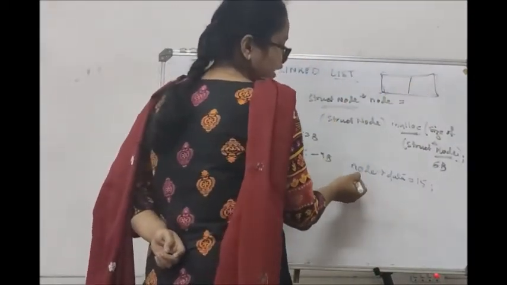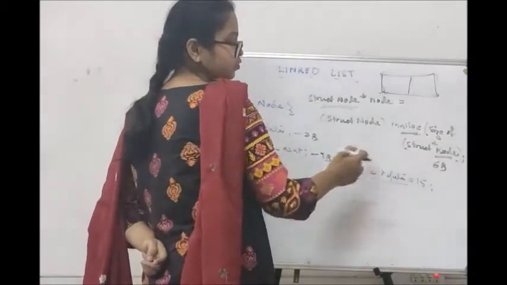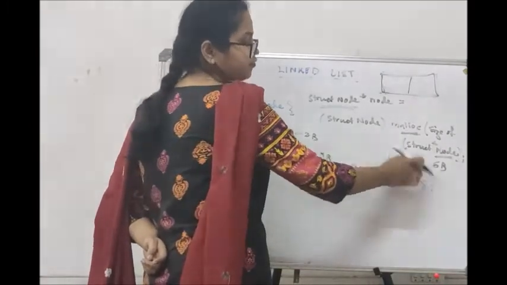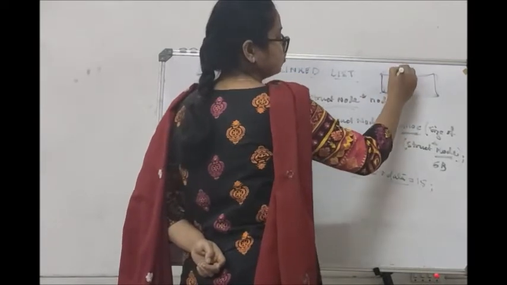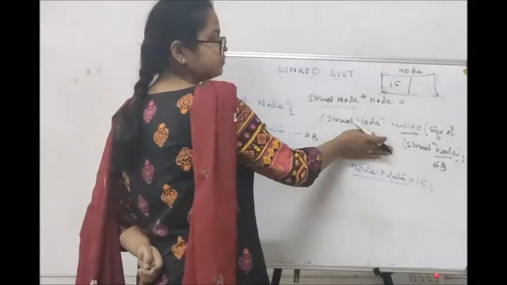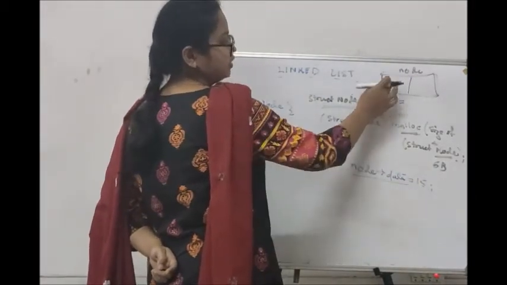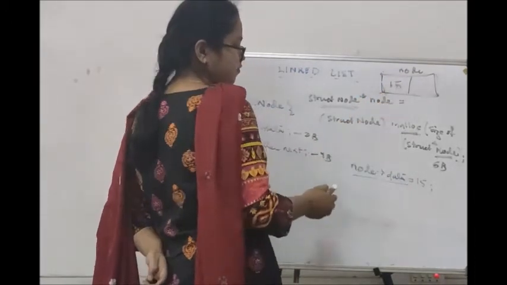Now you have to write like this: node arrow data is equal to 15. That means 15 will be stored in the data part of the node. This is the node which is created after calling malloc. Now we are assigning 15 to node data, so the data part will be 15.